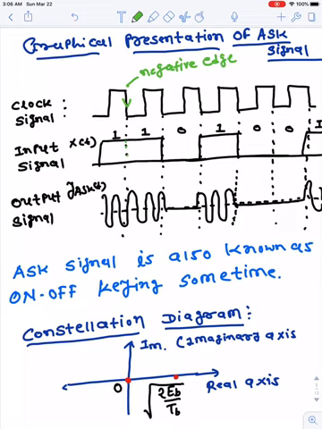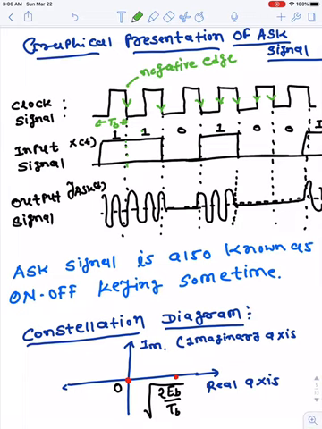So the bit 1 is changing to the next one at this boundary, and this is also changing from 1 to 0 at this boundary, and so for all. So for every negative edge the bit is going to change. The duration of this clock is simply considered as the TB time period or bit duration.